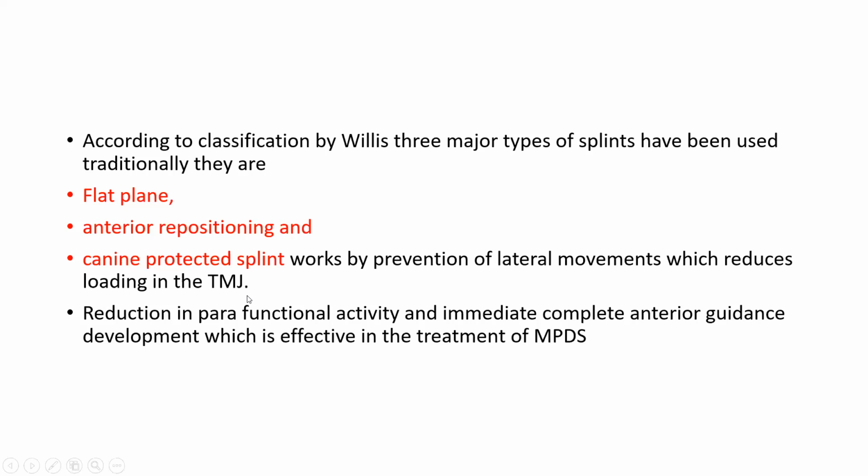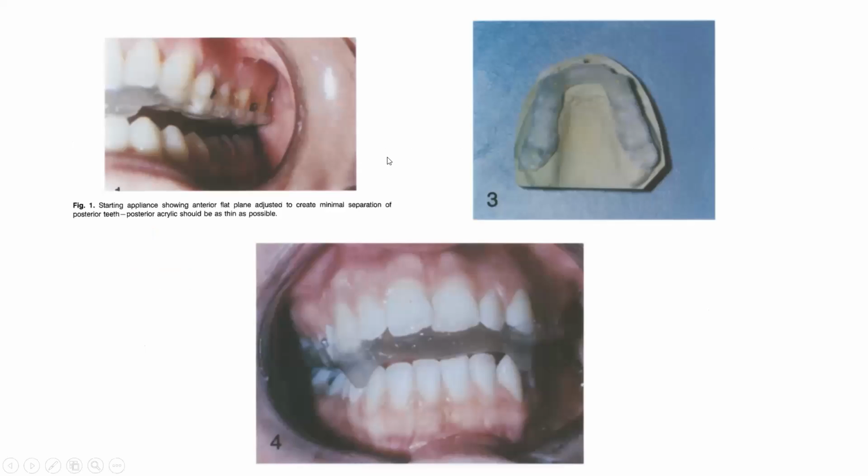It also helps in the reduction of parafunctional activity, and it helps for anterior guidance, which is responsible for the treatment of myofunctional dysfunction syndrome. So this is the canine guided occlusion, where the canine portion has the added acrylic portion, and it helps in the prevention of excessive lateral excursion in the canine region.